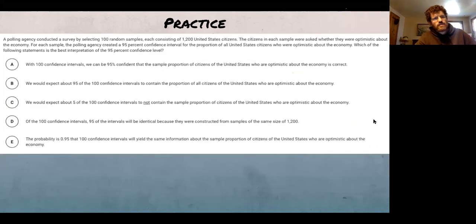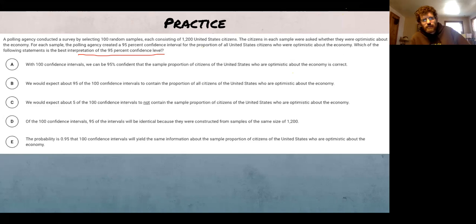All right, so in this one, we've got 100 random samples that were conducted by a polling agency. There's a lot of information here, I'm not going to read it all, because the basic question is, what's the best interpretation of the 95% confidence level? They're just asking for an interpretation of confidence levels. And remember the example that we did where we generated a lot of confidence intervals?